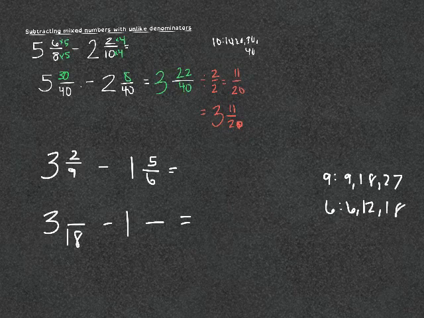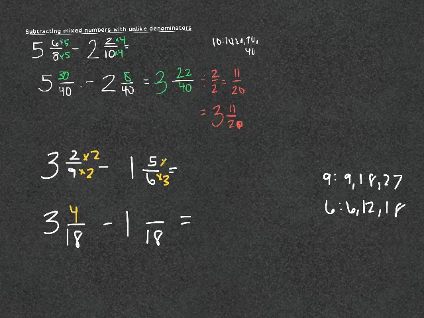So I can get them both to be 18. 9 times 2 is 18. 2 times 2 is 4. 6 times 3 is 18, and 5 times 3 is 15. Okay? So this is the tricky part. We know that 4/18 cannot subtract 15/18.